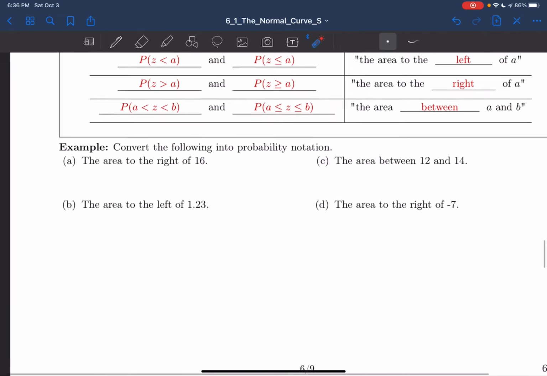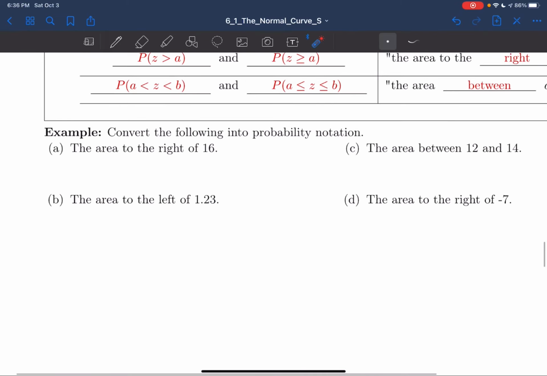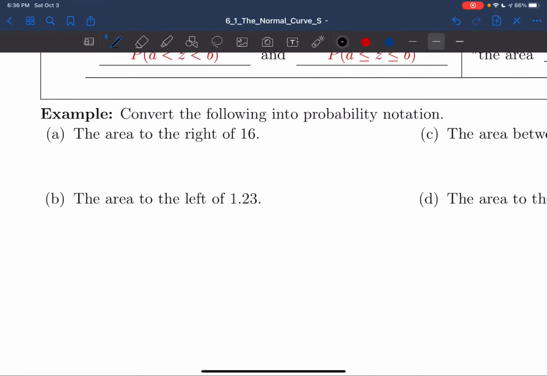So this is going to be some notation that we have to get used to. All right, so let's do a little bit of practice. We want to convert the following into probability notation. The area to the right of 16, we could say this is just the probability of z is greater than 16, or the probability of z is greater than or equal to 16.